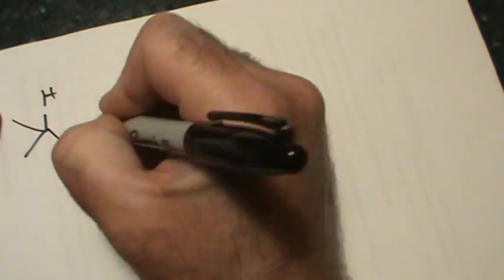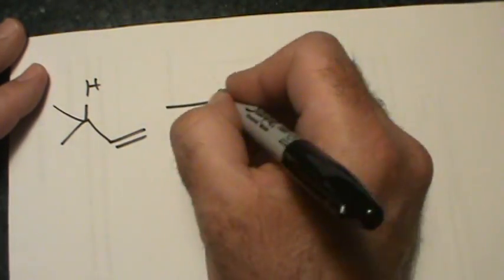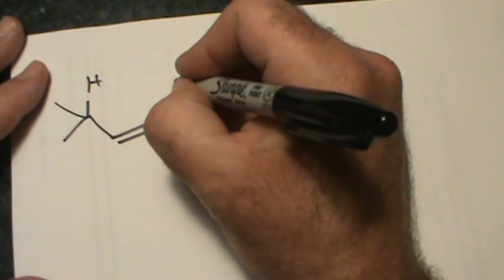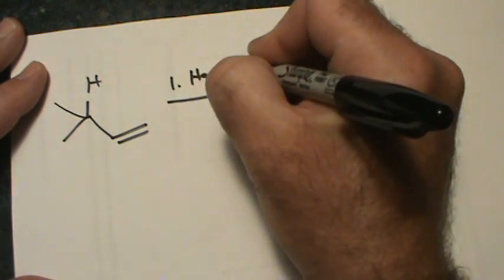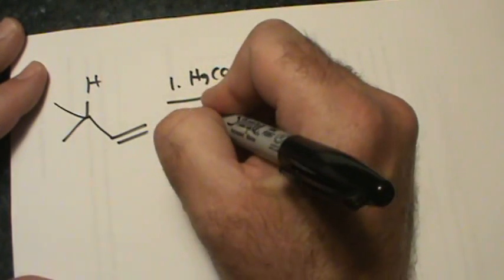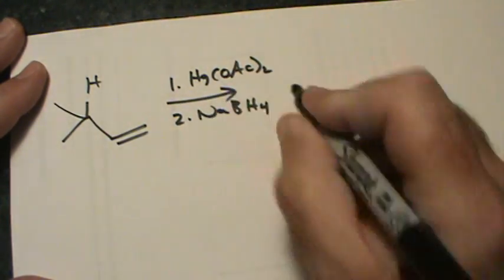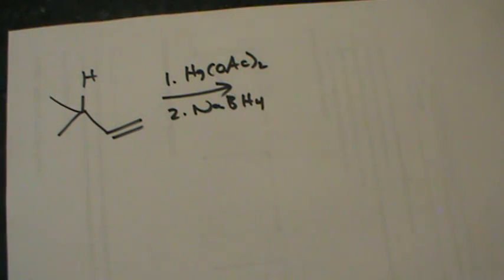Last, but certainly not least, we learned that if we take an alkene, particularly one that might be prone to carbocation rearrangements, and we treat it with mercuric acetate, followed by a sodium borohydride reduction, we can produce a Markovnikov hydration product in which there is no rearrangement.